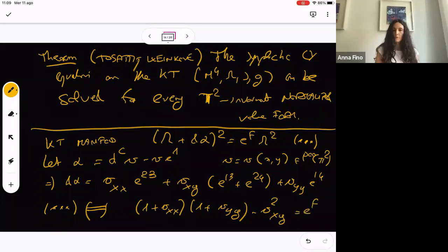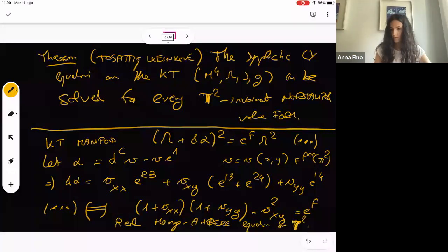That's the equation that you get. So you get the determinant of identity plus Hessian equal to e^F. You get a type of real Monge-Ampere equation on the torus, on the base torus T2.